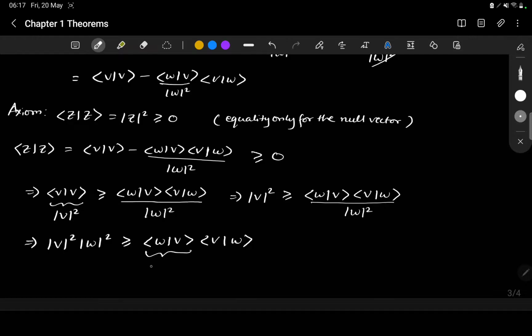by antilinearity is basically equal to the complex conjugate of this. This comes from the axioms, this axiom being skew symmetry. So this comes from skew symmetry.